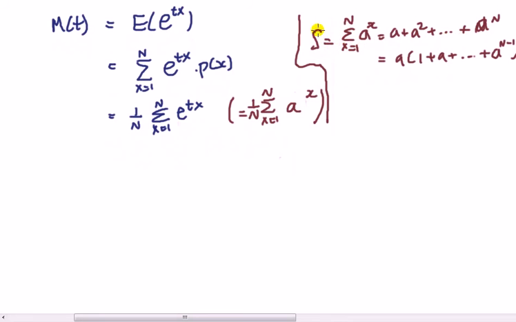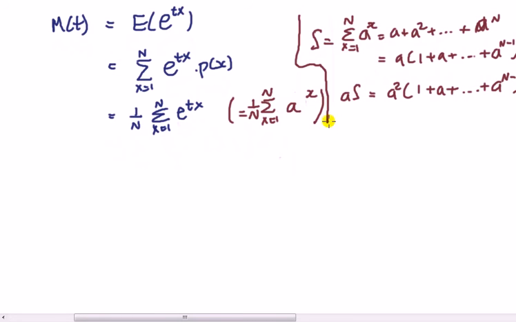We want a nice neat formula for S. Well, let's consider aS. You can see that aS is going to be a squared, and so on: a times 1 plus a plus up to a to the n minus 1.